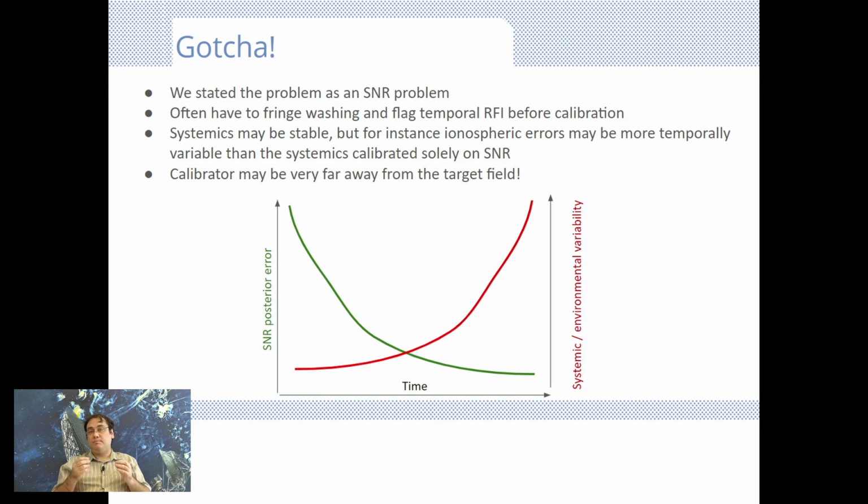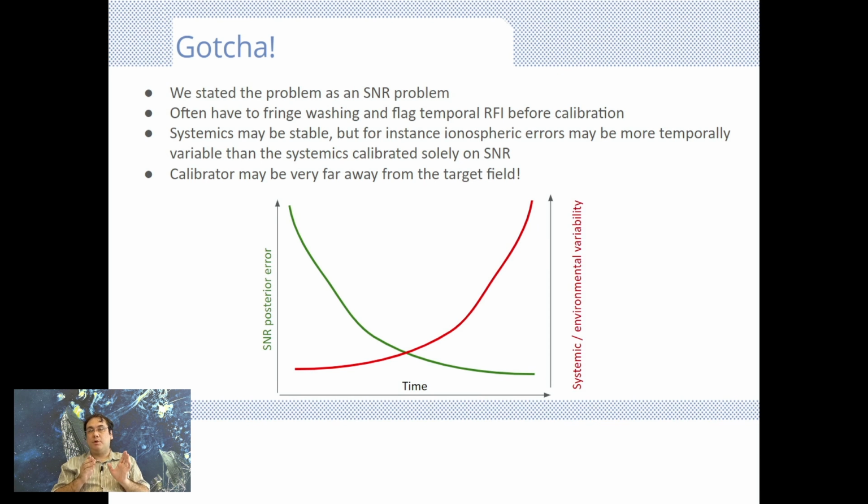The systematics may be temporally stable, but things like the ionosphere may have a slightly higher variance, in which case the effects that we're trying to solve for change within the bin that we're solving for.